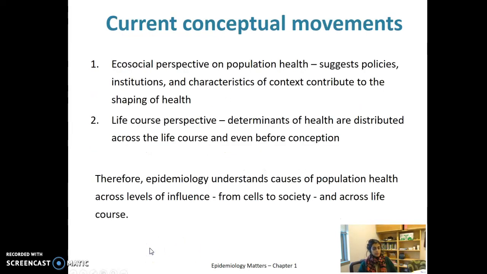So current conceptual movements that I would like you to know for this chapter are the eco-social perspective on population health, which suggests policies, institutions, characteristics of context, that is, our life surroundings, contribute to the shaping of health.